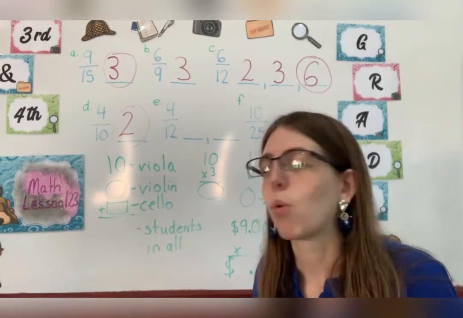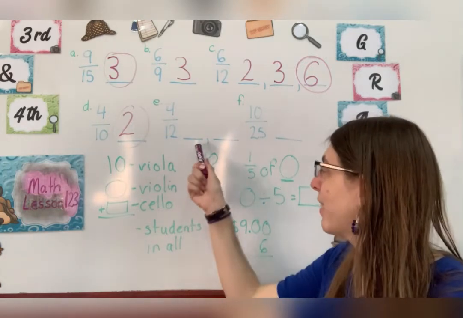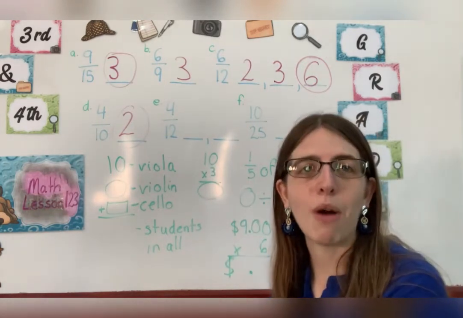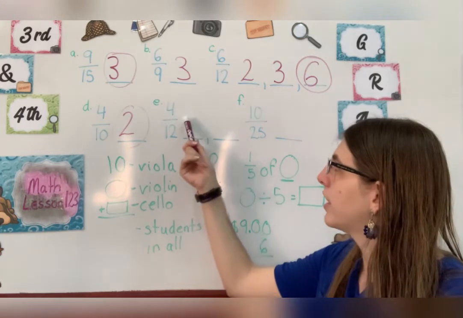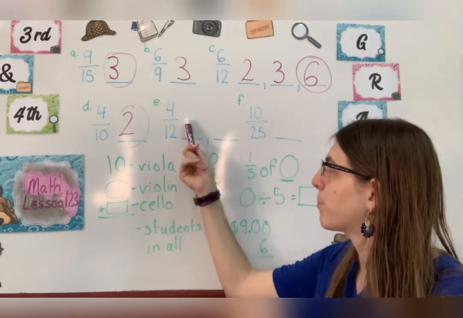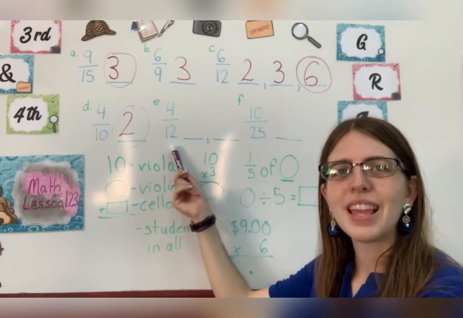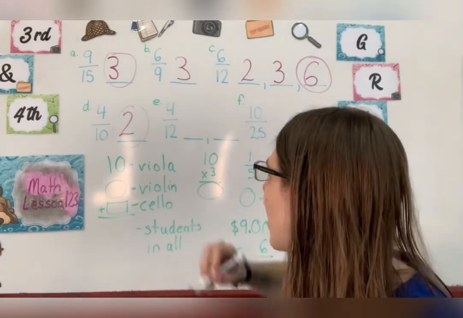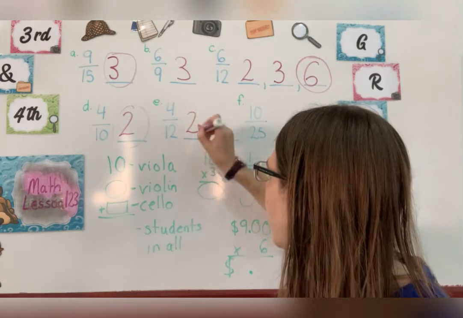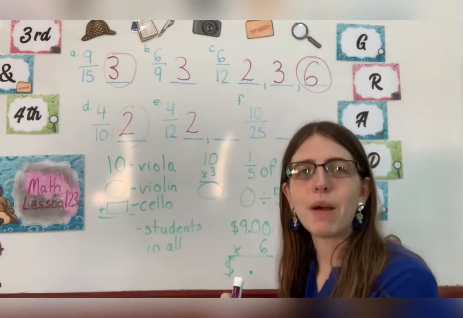Okay, let's try 4 twelfths. Here I have 2 spots, so I know I have 2 options. Can I divide 4 by 2? Yes. Can I divide 12 by 2? Yes. So 2 is one of my options. Let's try 3. Can I divide 4 by 3?